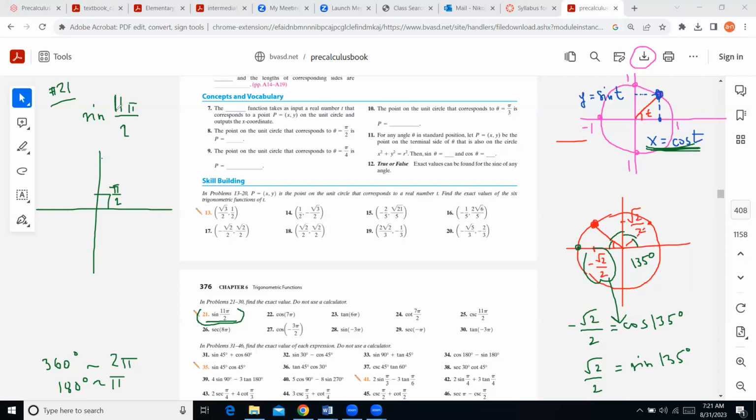Now I have to take 11 times, right? Because we're given that we have 11 pi over 2. So I need to go 2, 3, 4. That's full rotation. Then 4 more, that's going to be 8. That's another full rotation. And then I get 3 more, 8 plus 3. So it'll be 1, 2, 3.